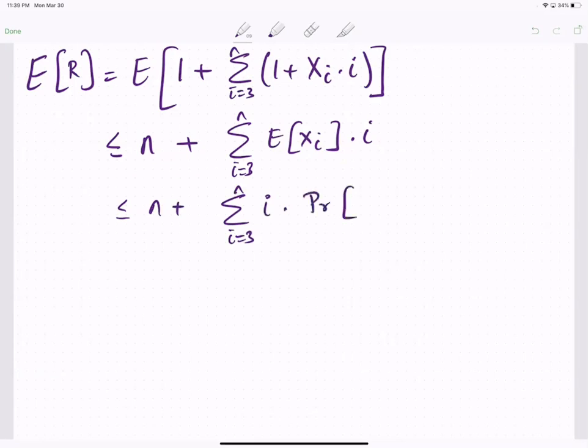So the expected value of xi, an indicator random variable, is just the probability of xi equal to 1. So maybe I can make this 2n, I guess, if I understand it correctly. Maybe it's n or 2n, it doesn't matter much.